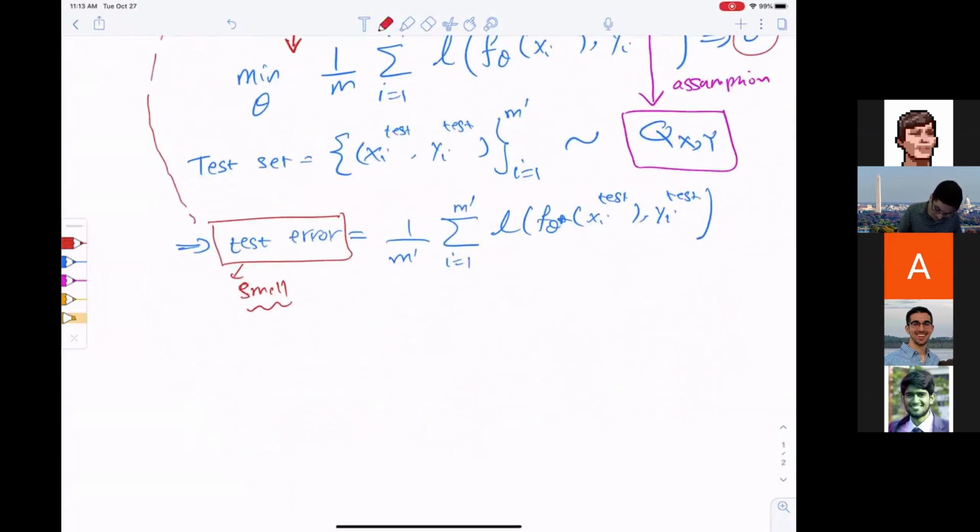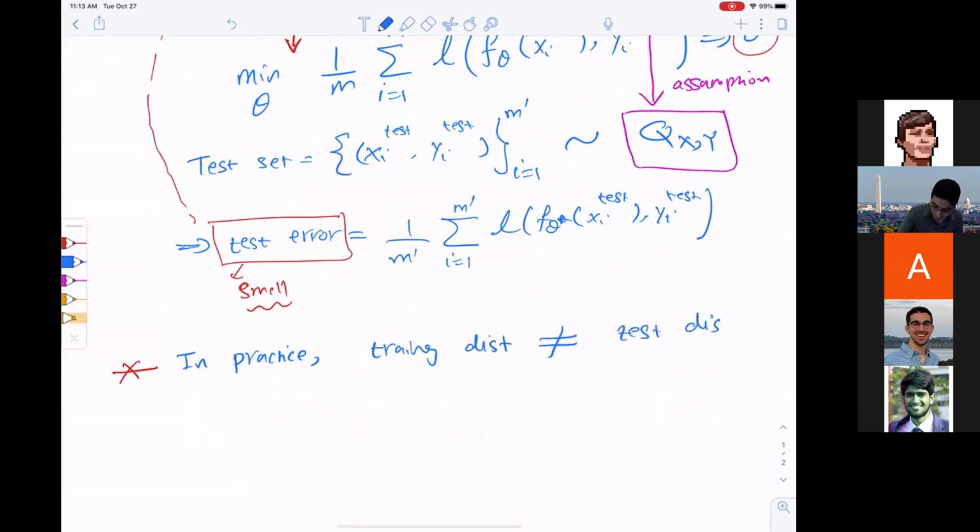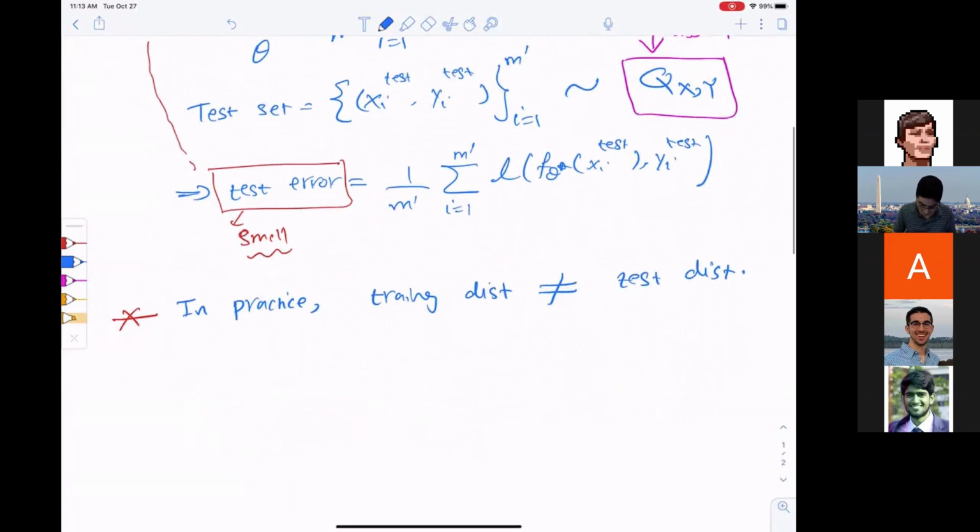But in practice, this may not be the case. In practice, the training distribution can be different than the test distribution, right? So in general, if we want to consider a more general setup, we refer to the set that we are training on as the source domain.